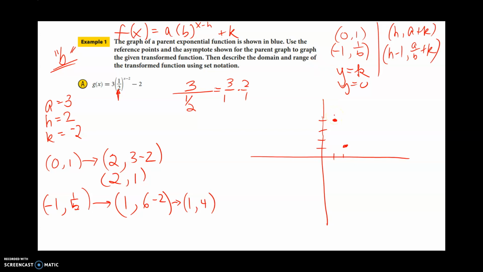I'm going to graph it before I put it on the sheet. So this is 3 times 1/2 raised to the x minus 2, minus 2. It's thinking, but there it is.